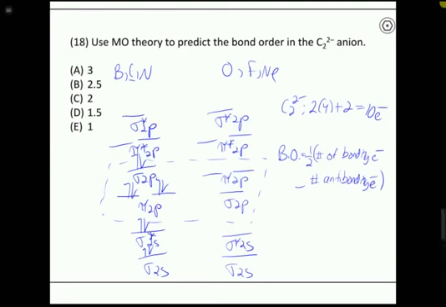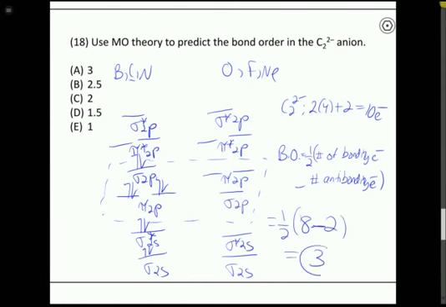Anti-bonding electrons are ones that have a star next to them. So if we go to this one for C2 2-, we have 2 down here, 4, 6, 8 of them are in bonding orbitals, and then only these 2 in the sigma star 2s are going to be anti-bonding. So out of our 10 electrons, 8 are bonding, 2 are anti-bonding, and that gives us a bond order of 3, which matches choice A.